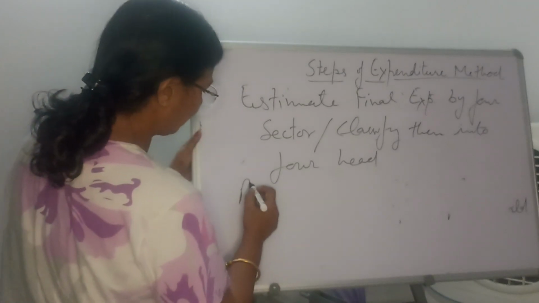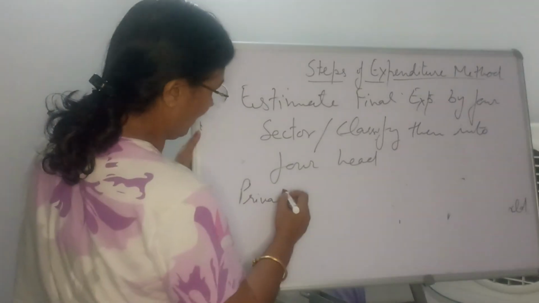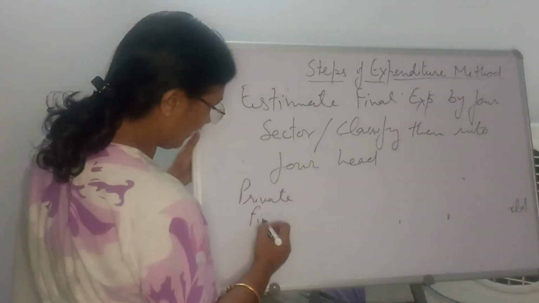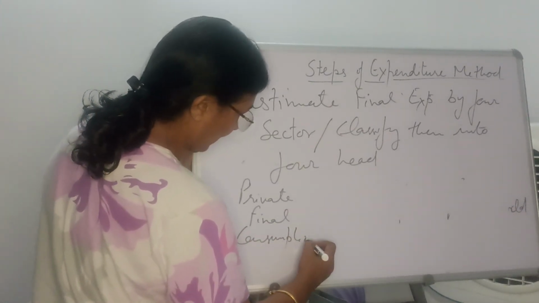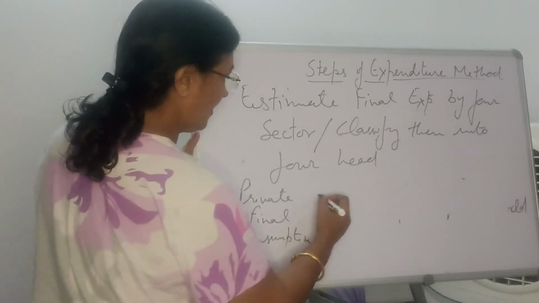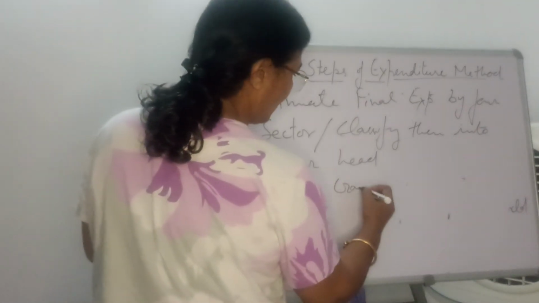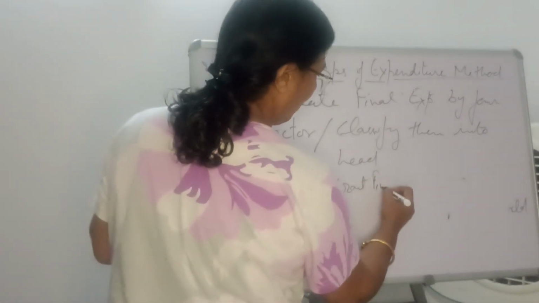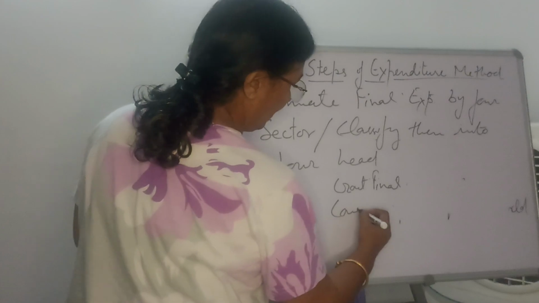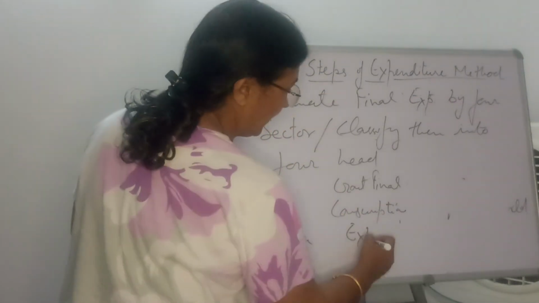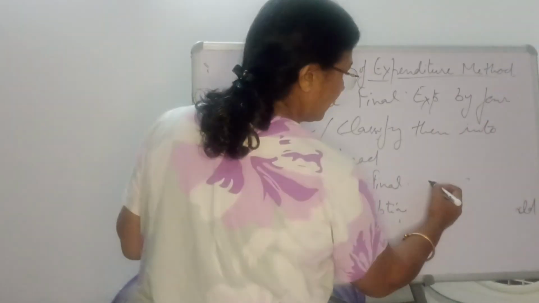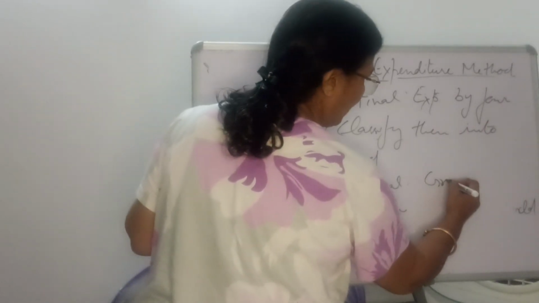Private final consumption expenditure. Second is government final consumption expenditure. Third one, gross domestic capital formation.